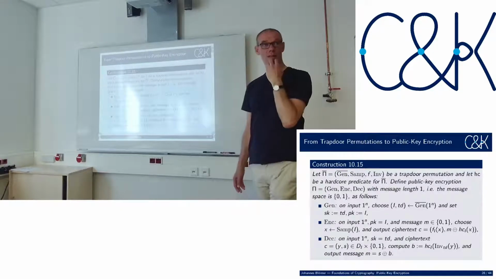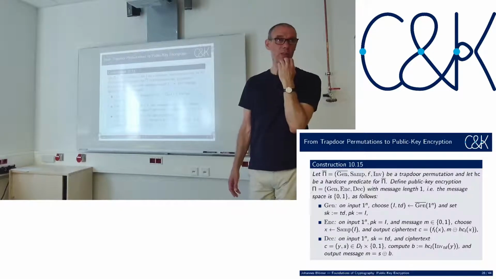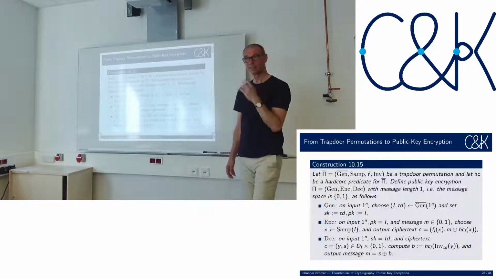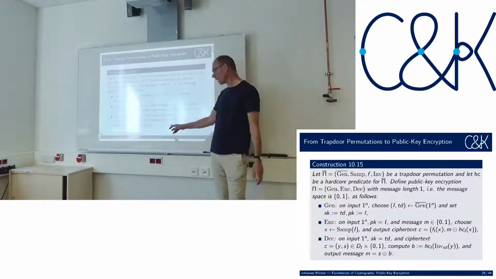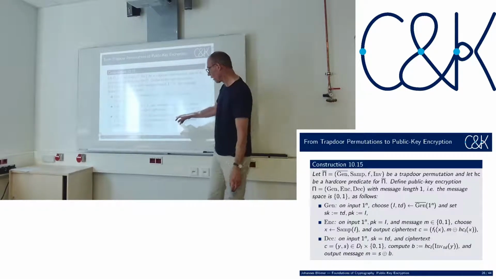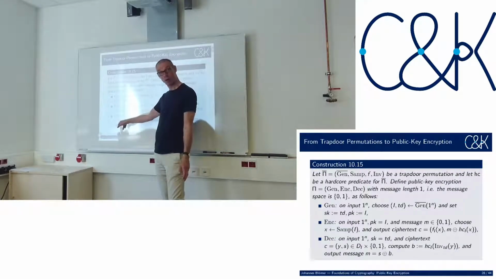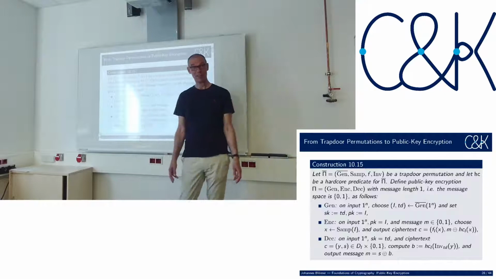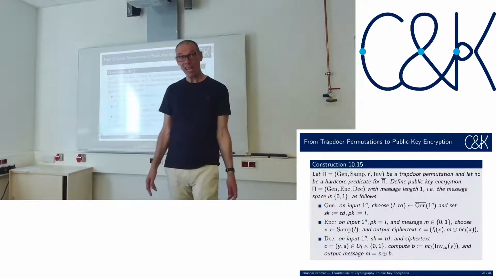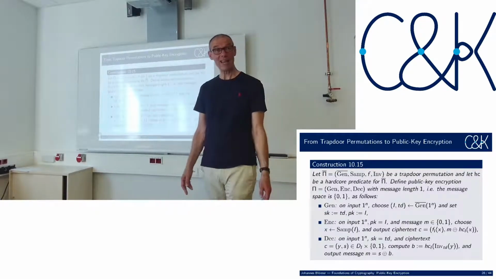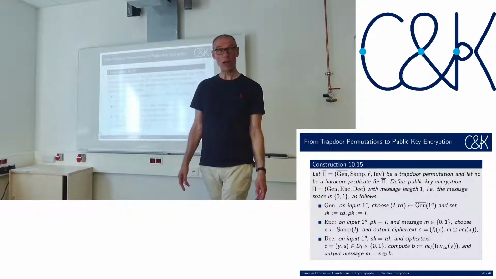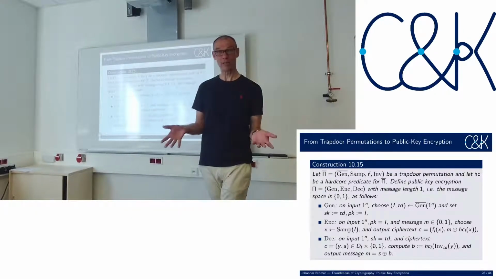It's a wasteful construction, because to encrypt a single bit, you have a ciphertext that consists of a bit s, but also of such a y. Say N has 4096 bits, then y will have roughly 4096 bits.